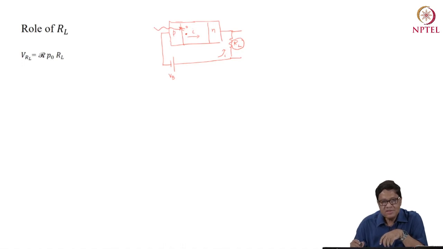When the photon energy is incident on this PIN diode, it will result in some current, and then there will be a voltage across RL.